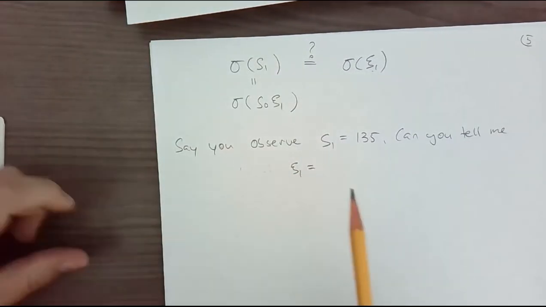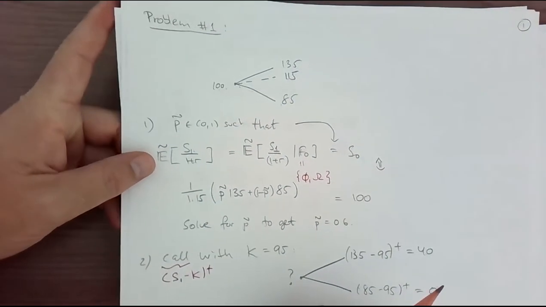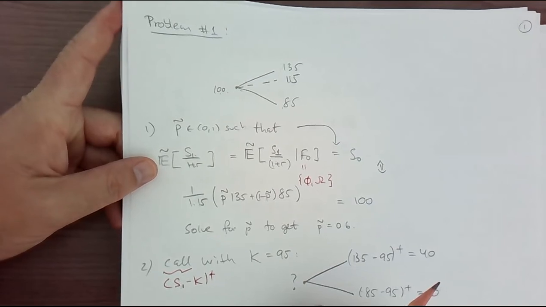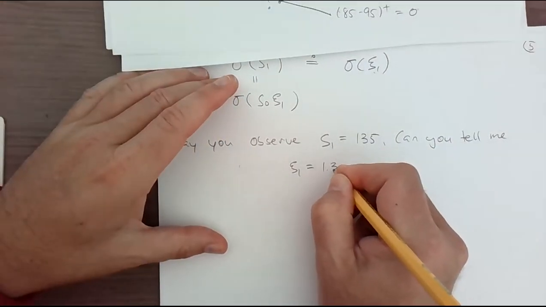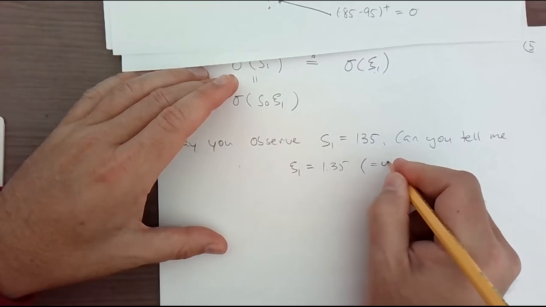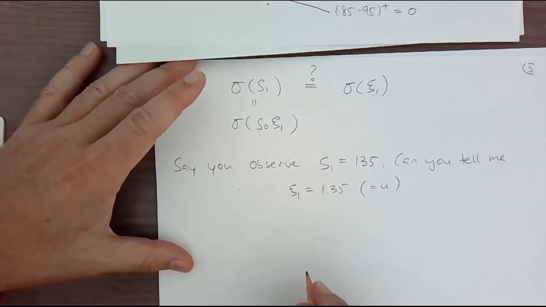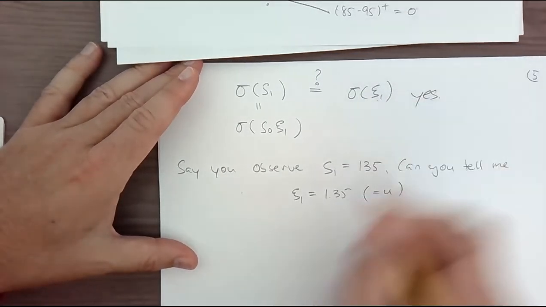Can you tell me what this one must necessarily be if we are in this model here? 1.35. That's right. Or U if you want. So yes, these are the same.